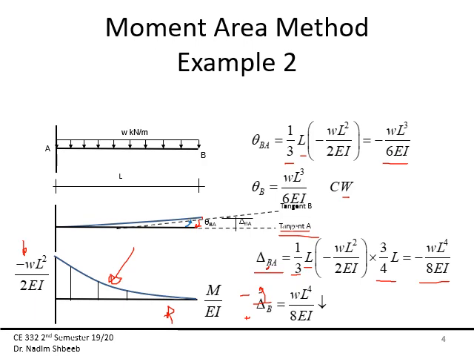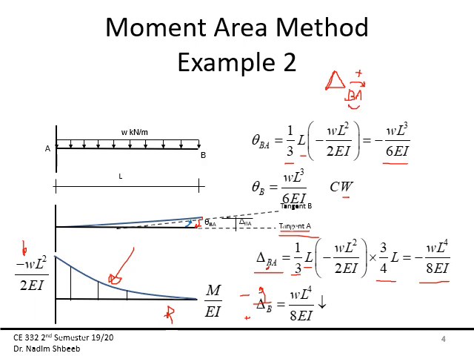Here, what does the negative mean to me? Let's go back a little bit, and if you remember, we said if I have, let's say, delta BA like this, which is again the vertical deviation of the point B on the elastic curve measured from the tangent at A, so if B is above A, this is going to be positive.